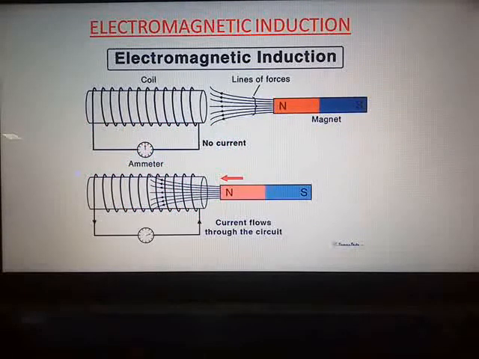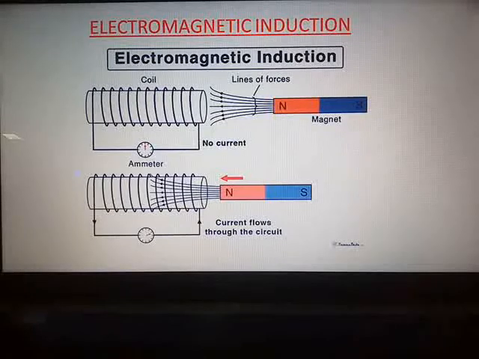What do you understand by this term, electromagnetic induction? In short, I will tell you. Production of electricity from magnetism is called electromagnetic induction. Induction, inducing something. Production of electricity, generation of electricity from magnetism is called electromagnetic induction.